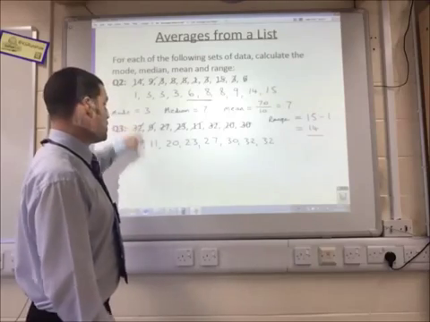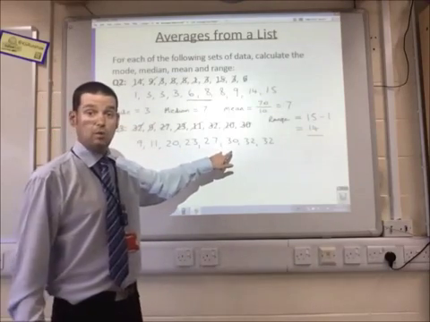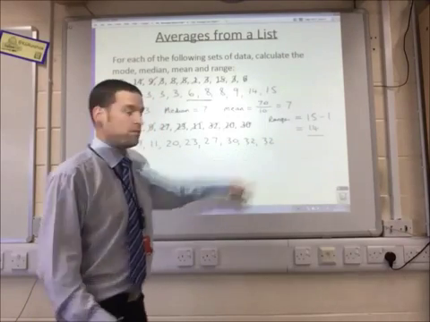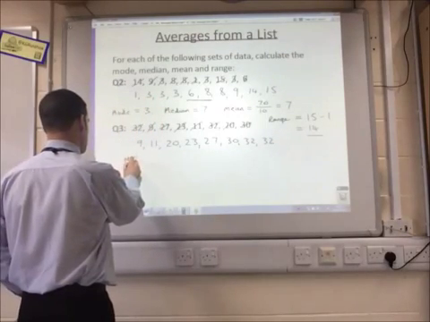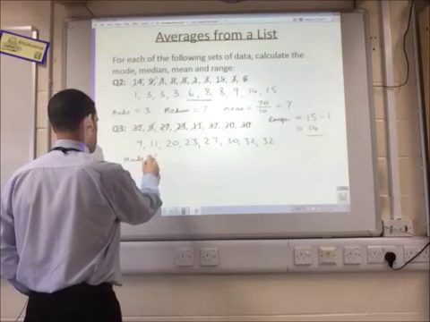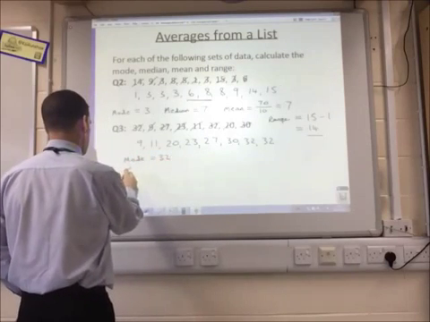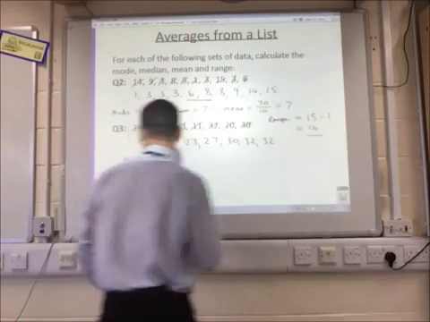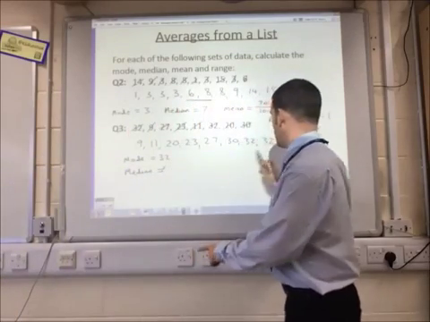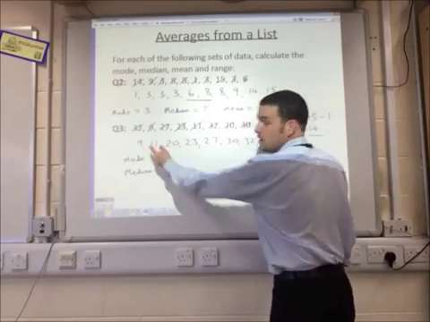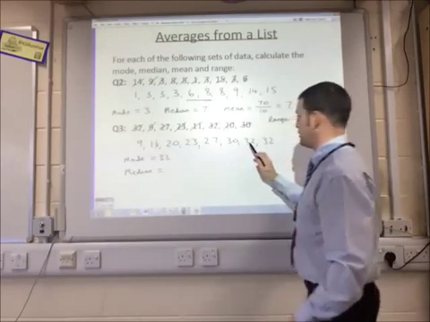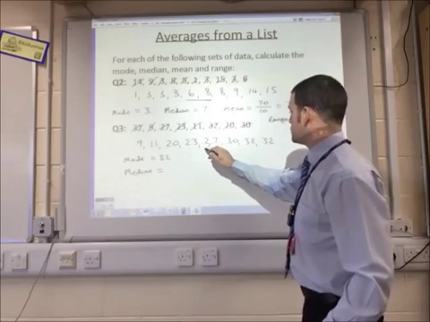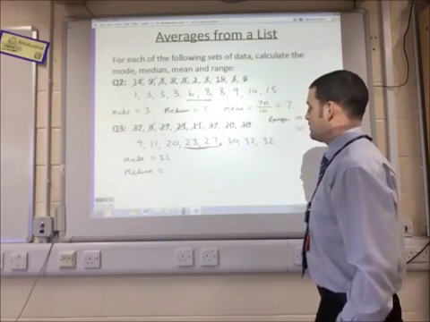So I can now say the mode. There's only actually one number in this list that comes up more than once, that's the 32, so the mode must be 32. Okay, for the median, I need to go in pairs, so 32 and 9 come inwards, 11 and 32, 20 and 30, and that leaves me with those 2 in the middle.